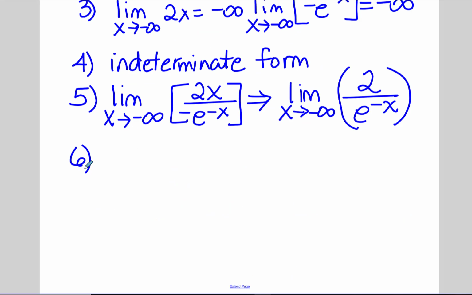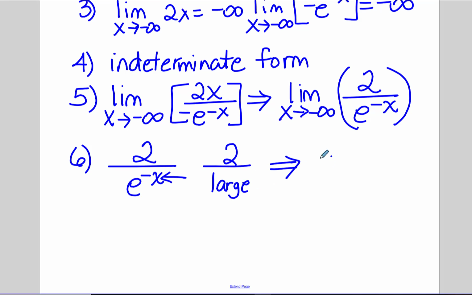And again, I'm going to use direct substitution. So if we have 2 over e to the negative x, and this is approaching a very large negative number, then the bottom is growing much faster, and it's huge. So when we divide 2 by an extremely large value, we're going to get 0 by the behavior of numbers.